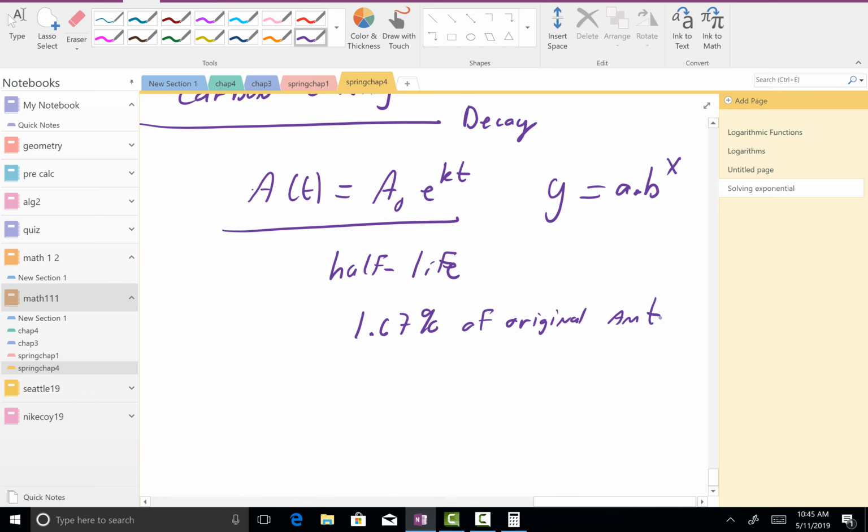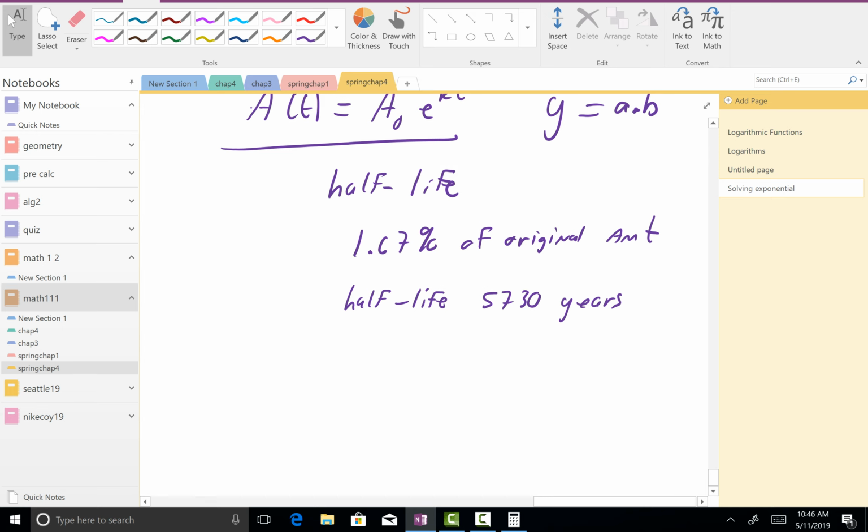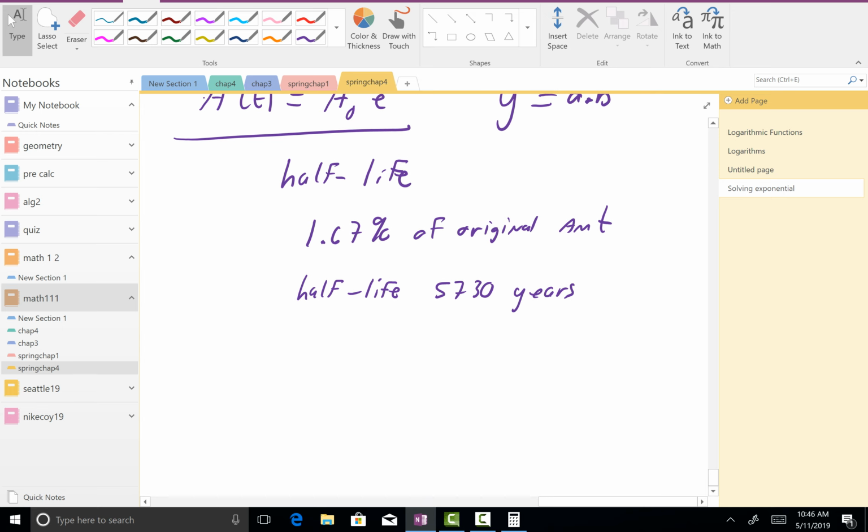Okay. Then it says the half-life of this is 5,730 years. And they want to know how old is this tree or whatever it is that's been burned down.